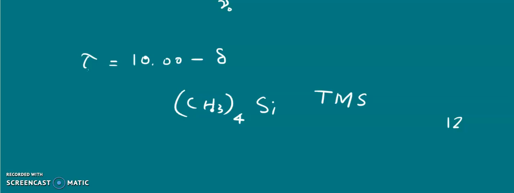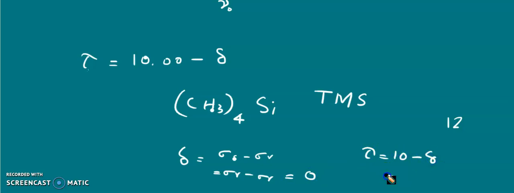From the definition, the value of delta for tetramethyl silane is sigma s minus sigma r, and sigma s is sigma r itself. So for tetramethyl silane the reference and sample are the same, so sigma r minus sigma r is 0, and therefore tau is 10 minus delta, which is 10 itself. So the tau factor for TMS is 10.